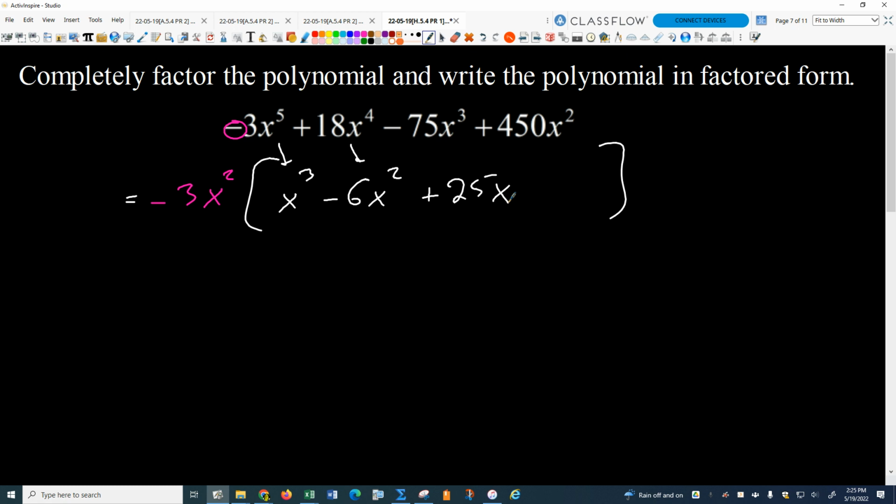Plus 25x minus 150. Okay, let's see if it's going to work. Is 1 divided by negative 6 equal to 25 divided by negative 150? It is, yeah. So it's going to work, right?